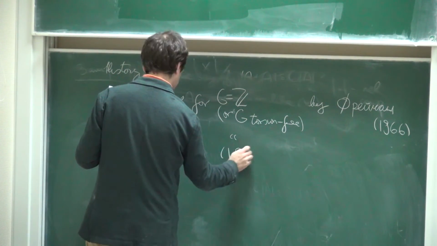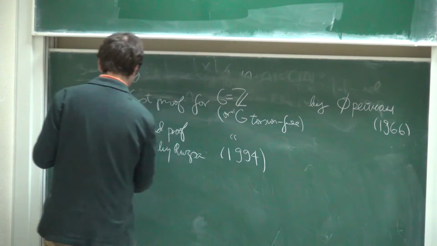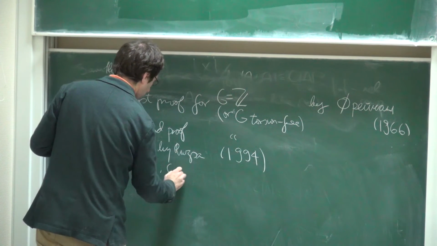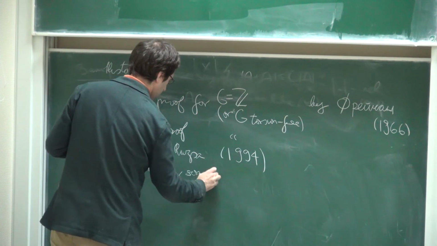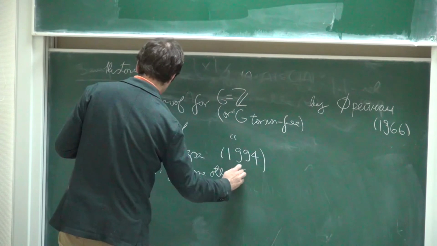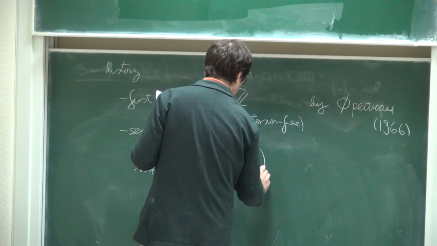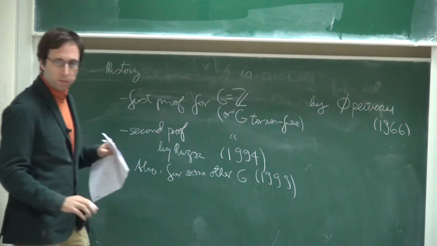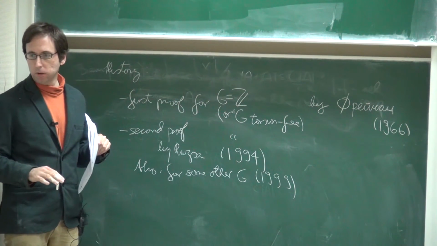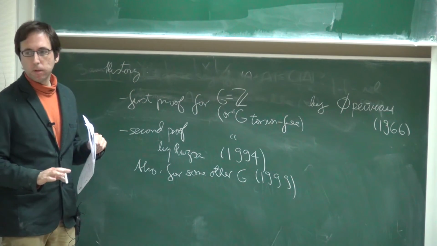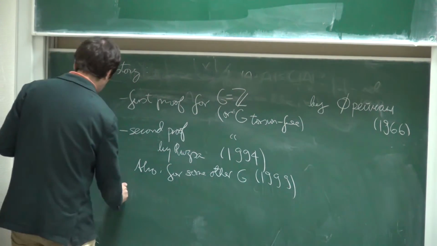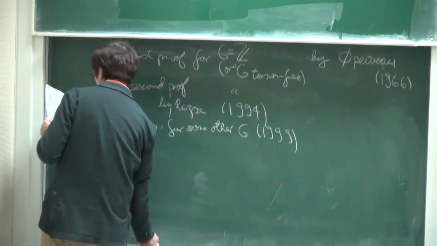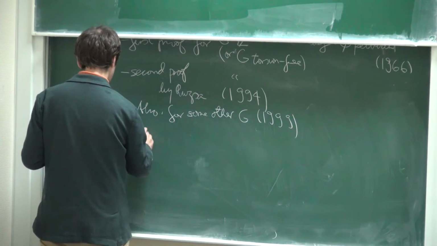This was 1994. Then for some other G's, he also had proofs. In particular, there is a very simple proof given by Ruzsa for G of bounded exponent. But then it turns out that it was true for all G, or abelian G at least.